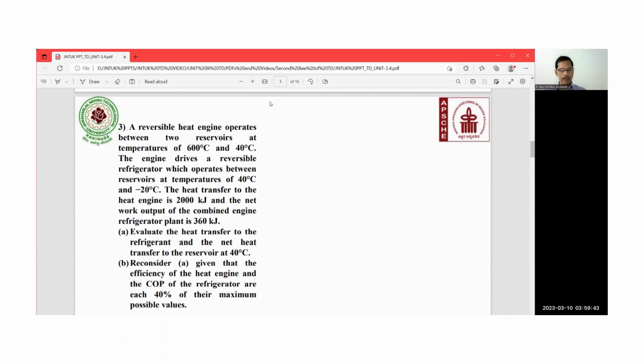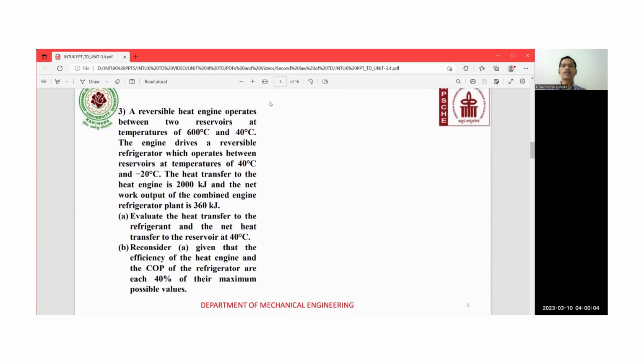So you can get both the coefficient of performance of a refrigerator, the coefficient of performance of a heat pump, and another one, the efficiency of a heat engine. Try to observe this efficiency of a heat engine and what is given.